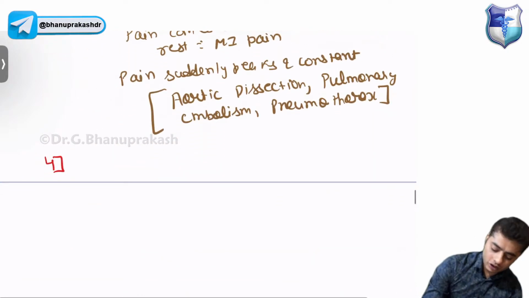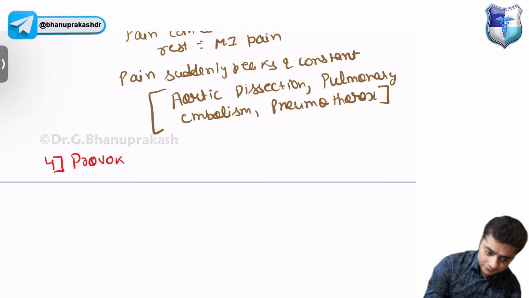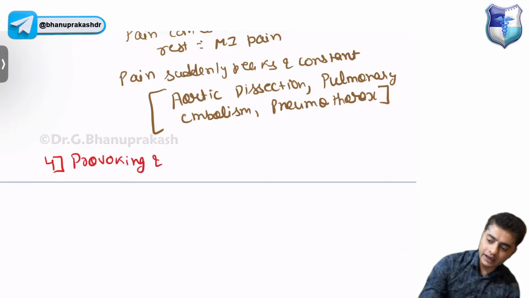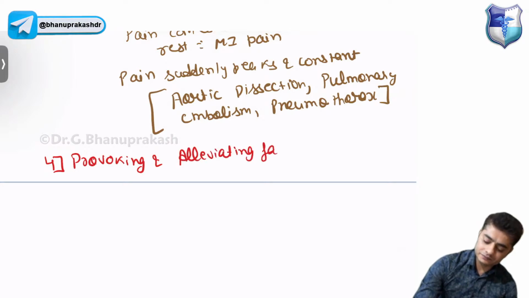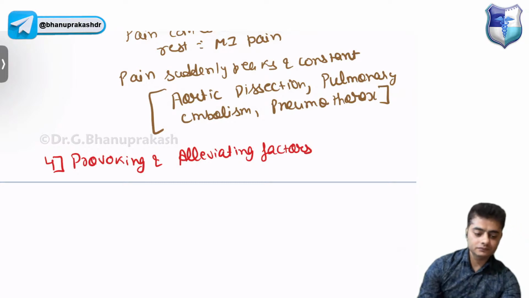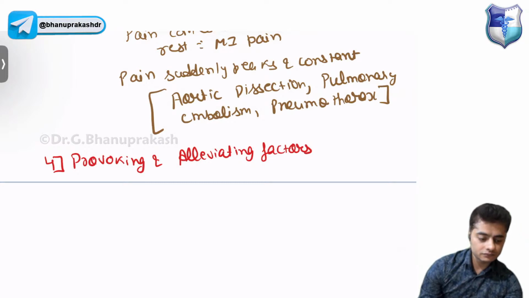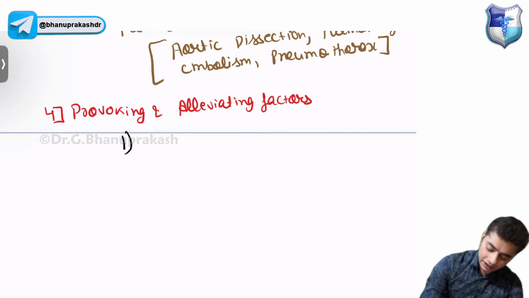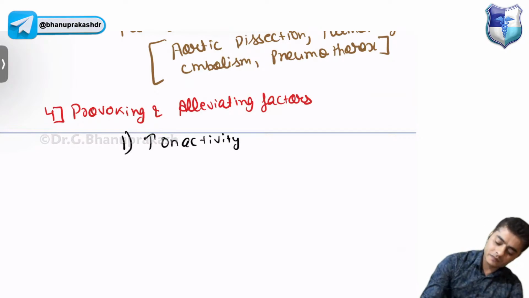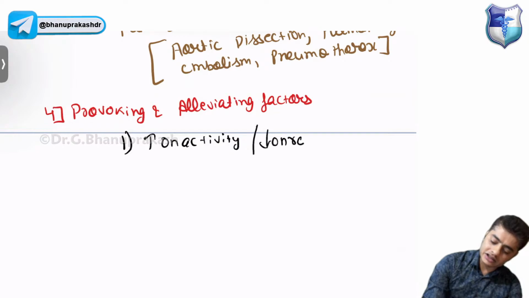So after completing quality, location, and pattern, we will come to the fourth, that is your provoking and alleviating factors. Now, suppose there is a pain which increases on activity and goes away on rest.